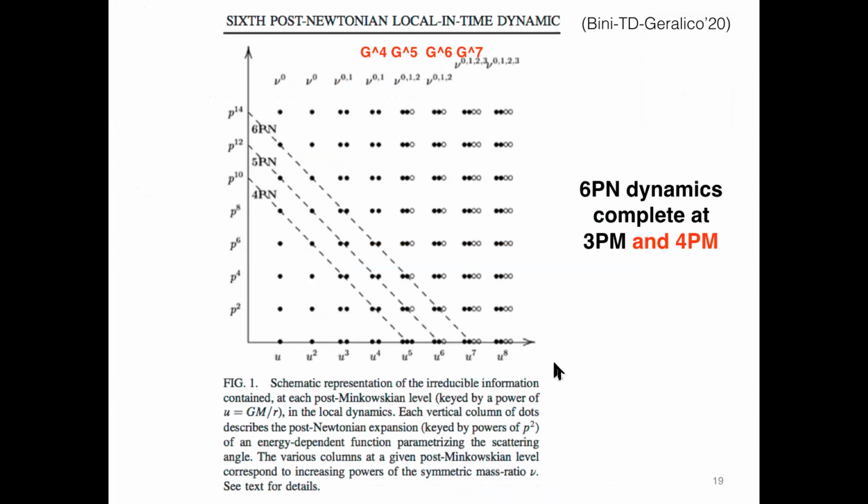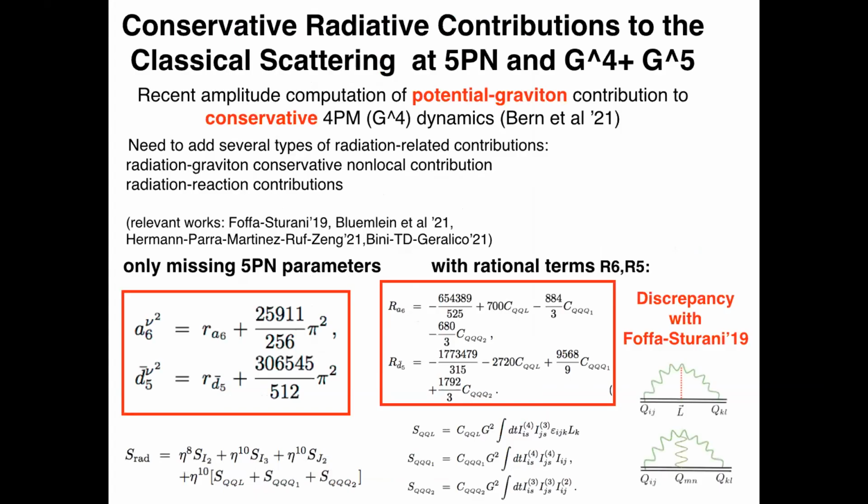What I want to emphasize is that when using the assumptions I made before, that is, a conservative dynamics which satisfies polynomiality in the masses, this allows to determine in principle all the terms up to the 4PM level included, G^4, and we did it explicitly for some terms I will mention.